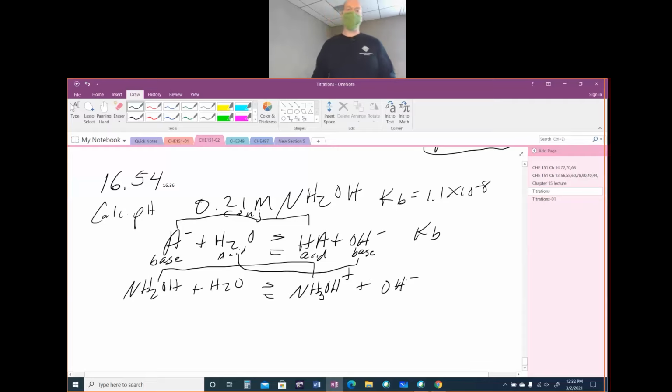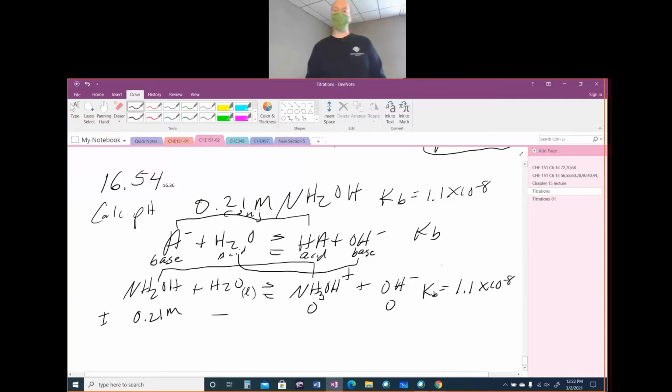Again, you can write a generic, you can write a specific. It doesn't matter. What you have is your initial of 0.21 molar. Water is a liquid. It doesn't go into your equilibrium setup. And this is the Kb reaction with the Kb constant given as 1.1 times 10 to the minus 8.